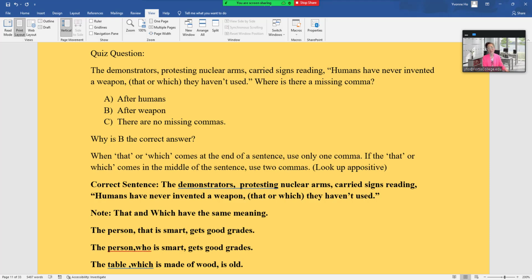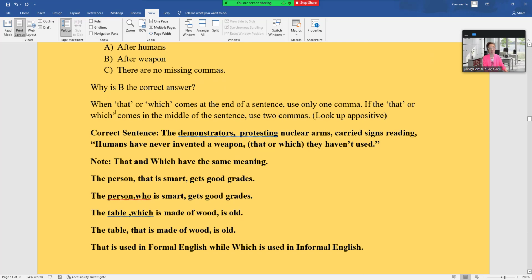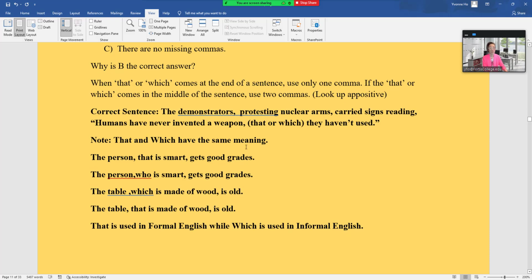So that's why B is the correct answer. So the correct sentence: the demonstrators protesting nuclear arms carried signs reading, "Humans have never invented a weapon, comma, which they haven't used."